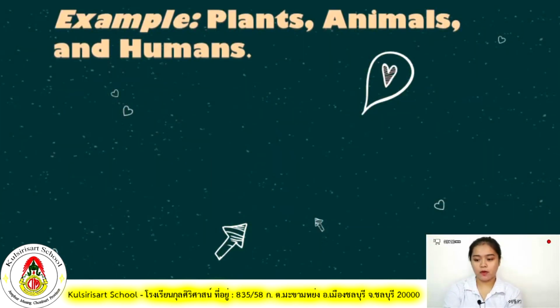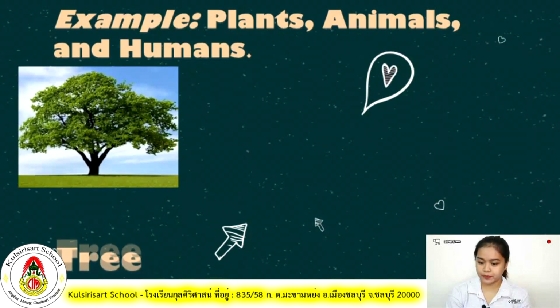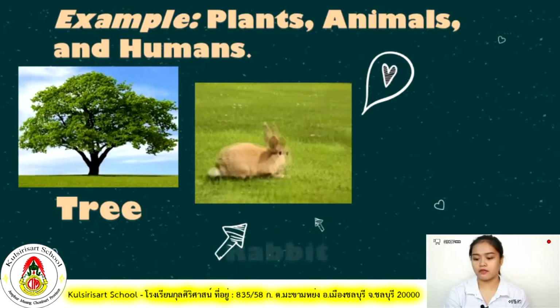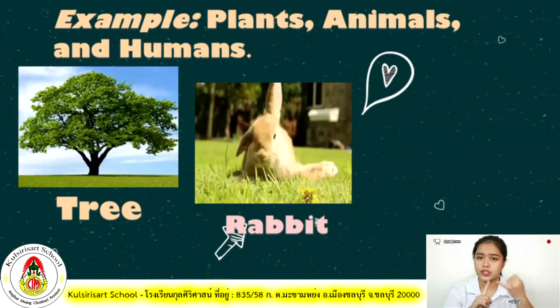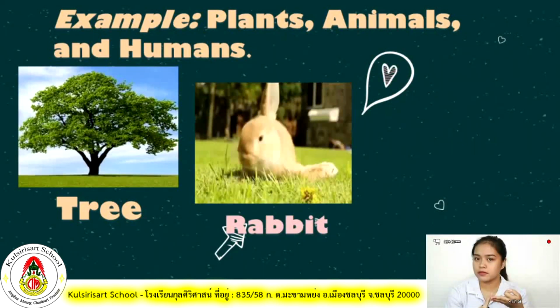Okay, let's now proceed to examples of living things. The examples of living things are plants, animals, and humans. For plants, I have here a tree. Your mother's flower in the garden is also an example of a plant. Therefore, it is also considered a living thing. For animals, I have here a rabbit, a dog, a cat, and an elephant is also an animal.